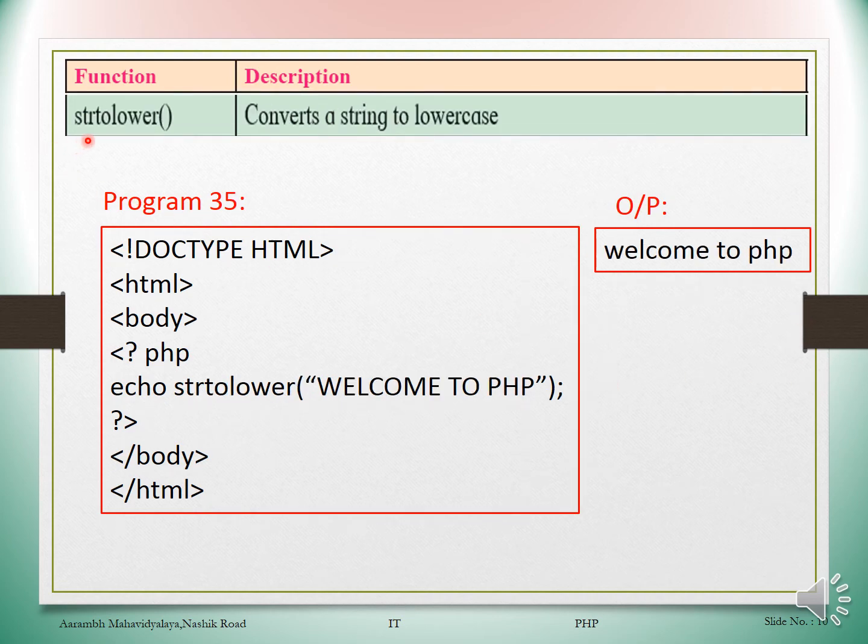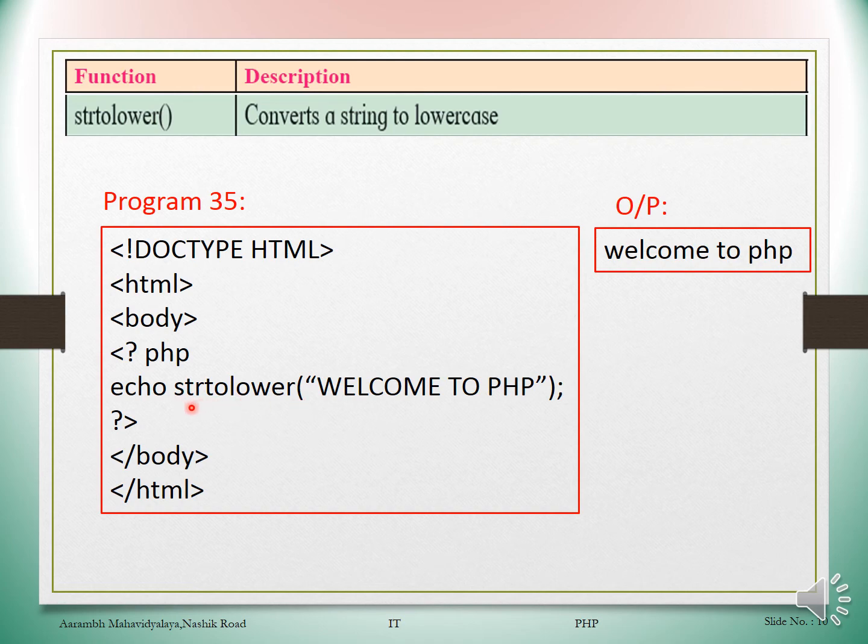The next function is strtolower. It converts a provided string into lowercase. Last year also in JavaScript we did this program, lowercase to uppercase and uppercase to lowercase. We used the same functions, strtolower and strtoupper. Here, as we have to convert the data to lowercase, the function used is strtolower.